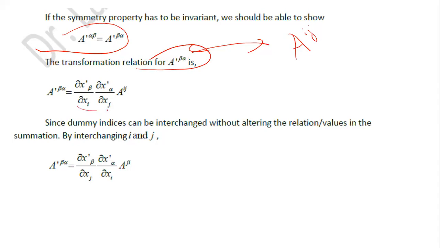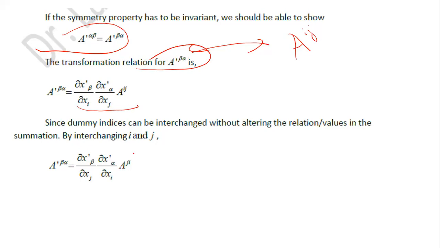Here on the right hand side, if you look at this, i is a repeated index, j is a repeated index. So we have given you the statement of the property of dummy indices. Dummy indices can be interchanged without altering the value, right? So you can interchange these dummy indices i and j.